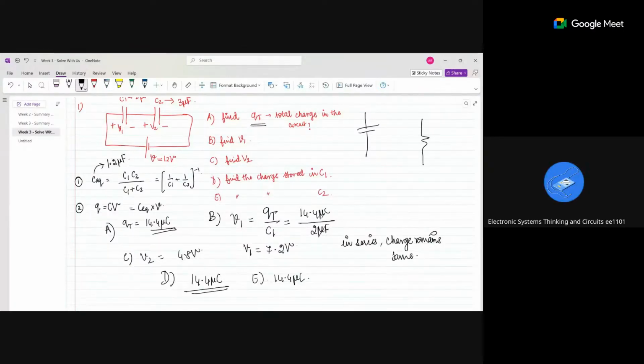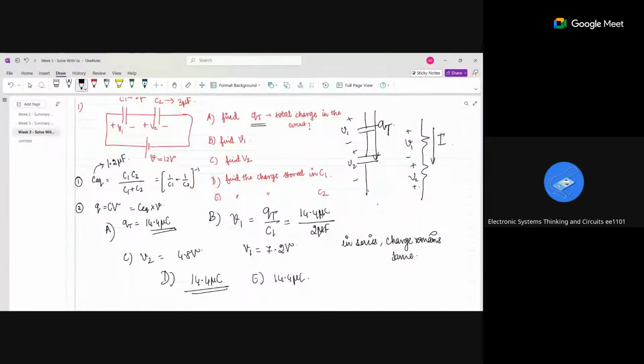If two resistors are connected in series, the current will be the same, but the voltage will be different. In capacitors, charge is conserved. So the total charge is the same, and the voltage is different.